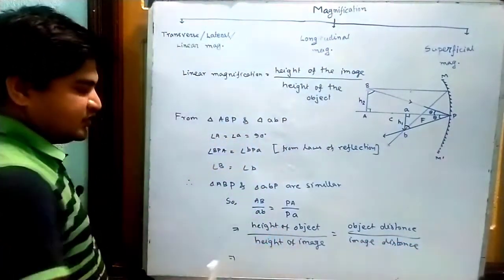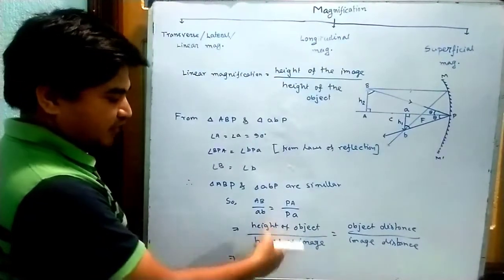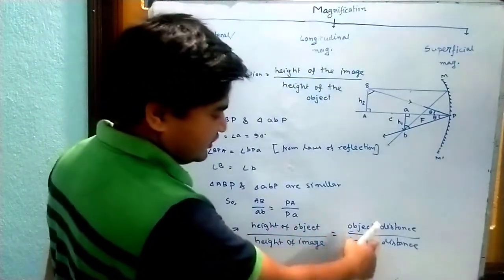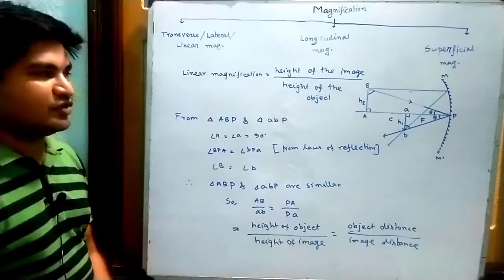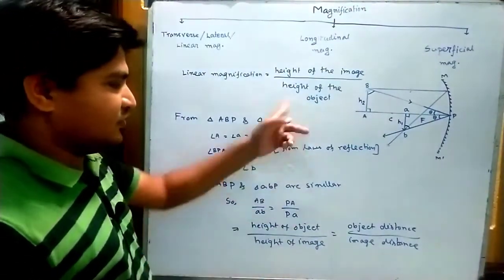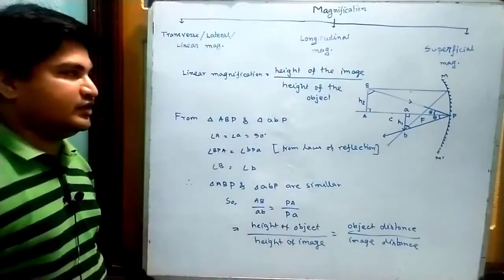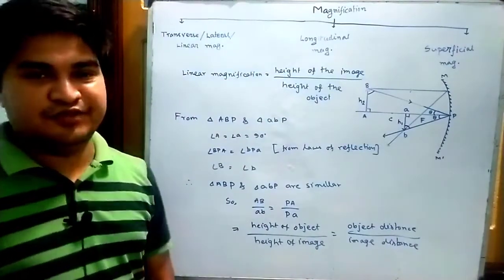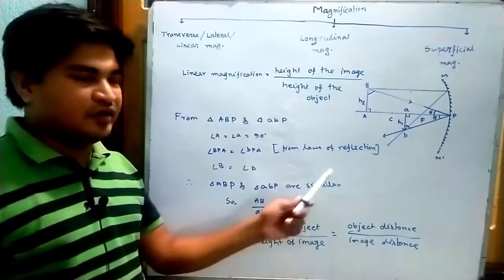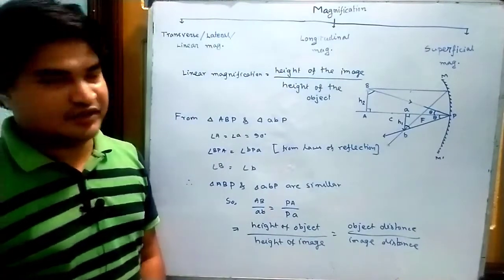So we can reverse it, that is height of the image by height of the object equals image distance by object distance. So from this condition we can derive the conclusion that linear magnification equals height of the image by height of the object, also equals image distance by object distance.